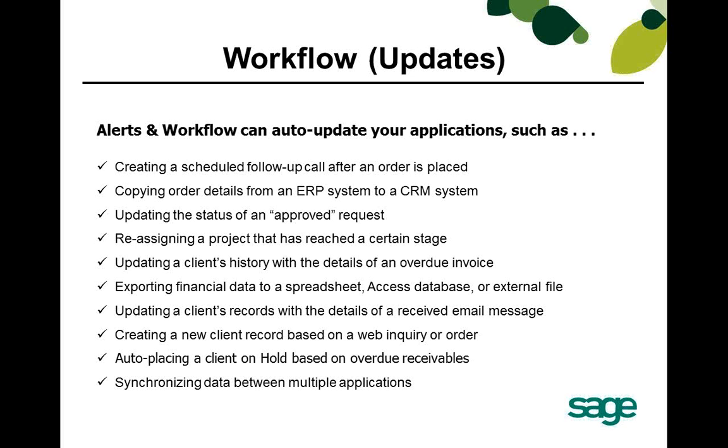At the same time, we may also say that if an inventory item is approaching its reorder level, maybe we want Alerts and Workflow to create a purchase order for that item. Maybe there are even some occasions whereby the creation of a new order in your ERP system actually needs to get transferred or copied over to some other business applications that you're using. That's also part of the workflow component of Alerts and Workflow.